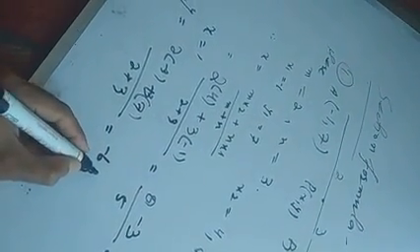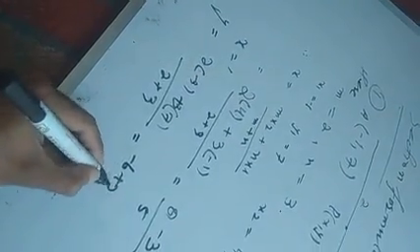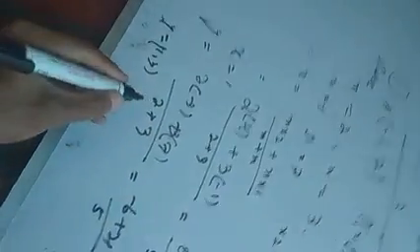So 2 threes are 6, minus 6, 3 sevens are 21, plus 21, divided by 3 plus 2, which is 5. So 21 minus 6 is 15, divided by 5, which is equal to 3. Therefore the coordinates of P are (1, 3).